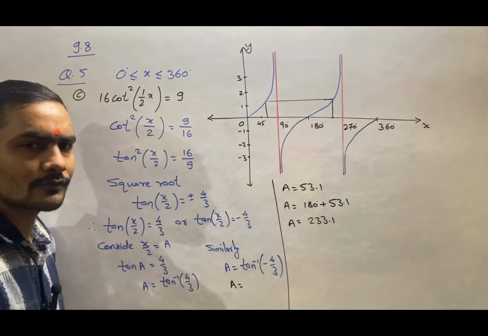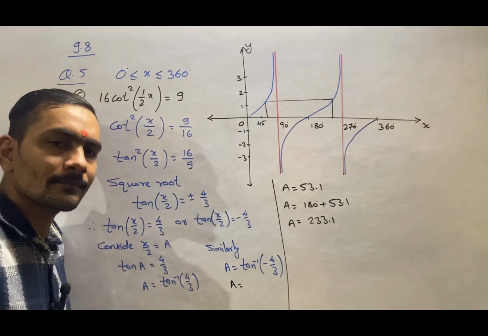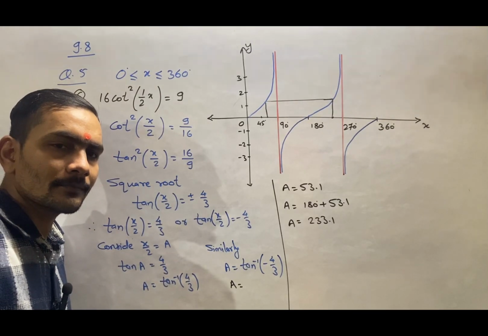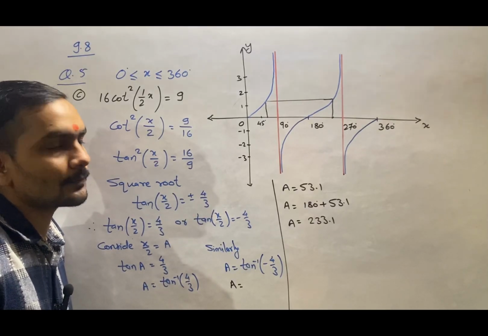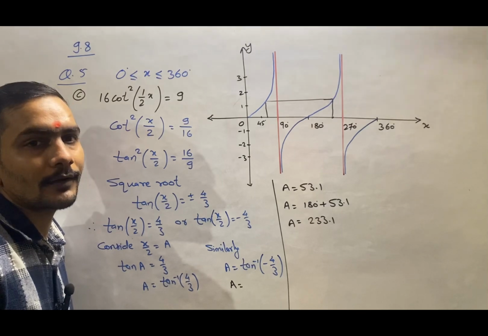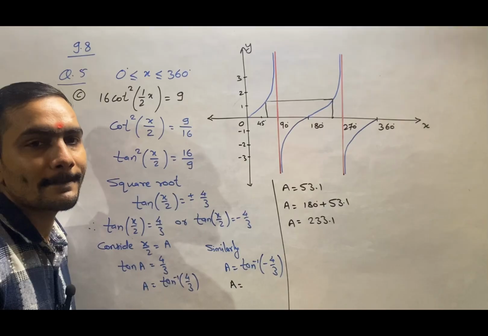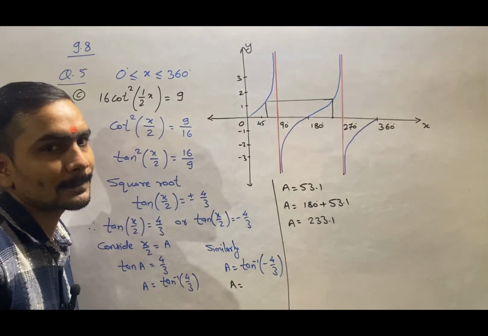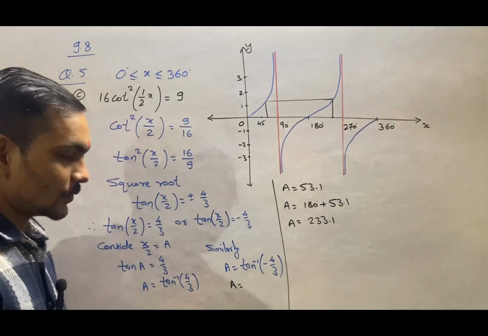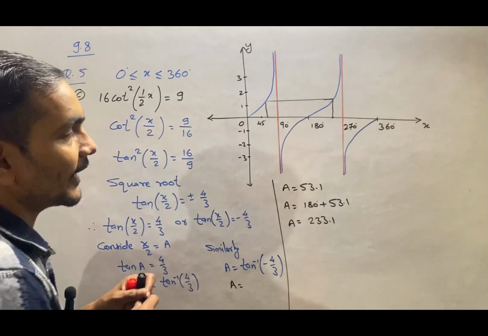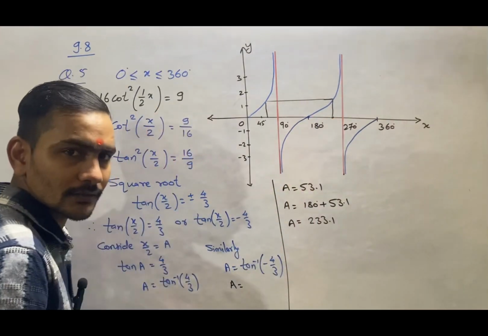We are solving for the other a. We get negative 53.1. How do we get negative 53.1 in this graph? It means tan is in the second quadrant.